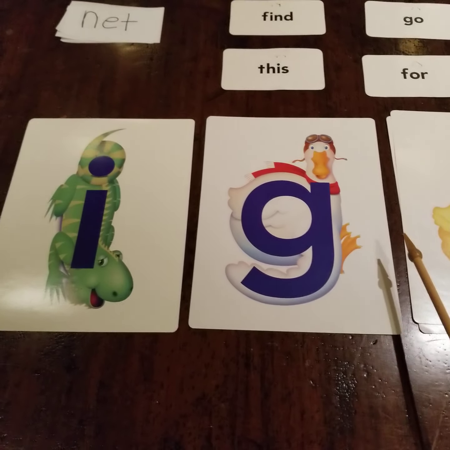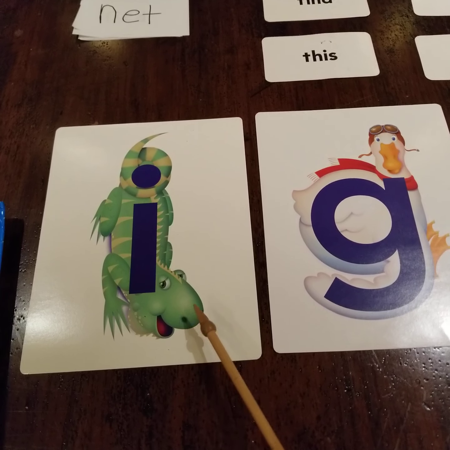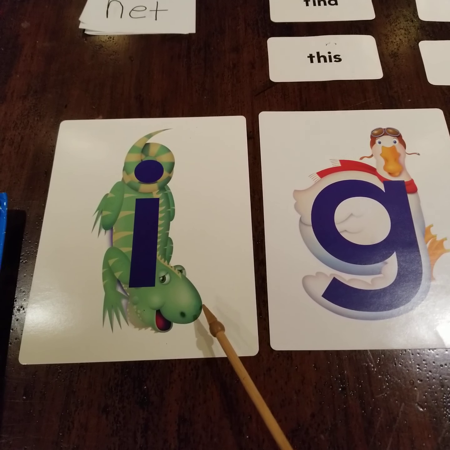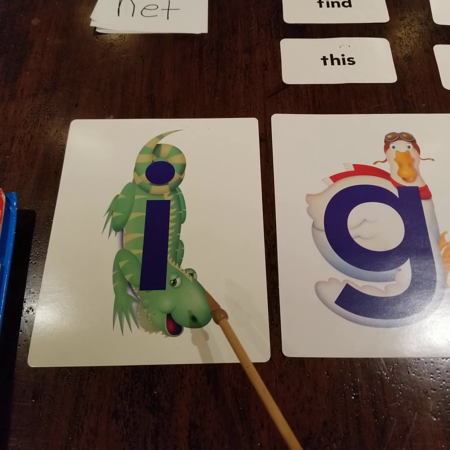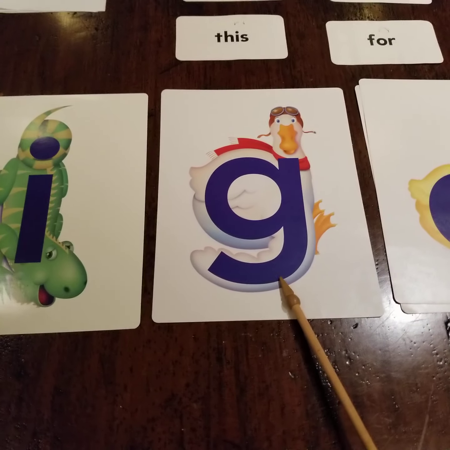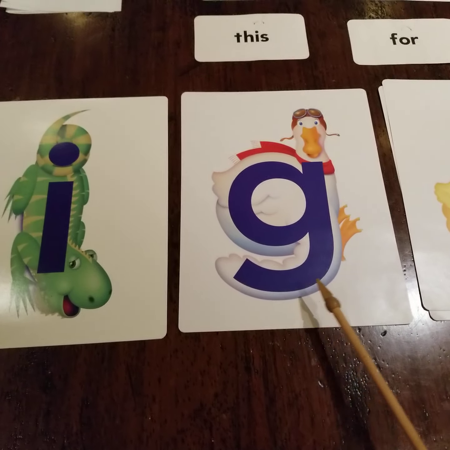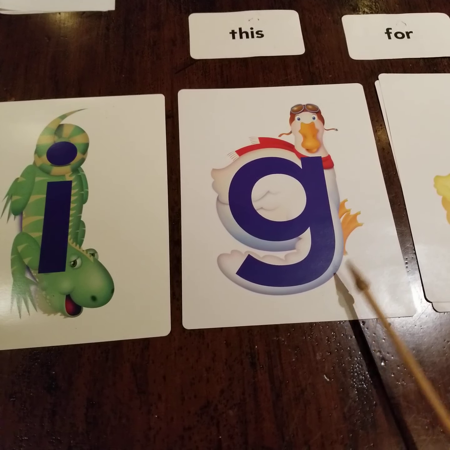Yesterday, we looked at our letters for this unit and we had I with our Iggy iguana, and that letter makes that's good, a I sound. And Gertie Goose for our letter G's, and G makes what sound? G. Good job.